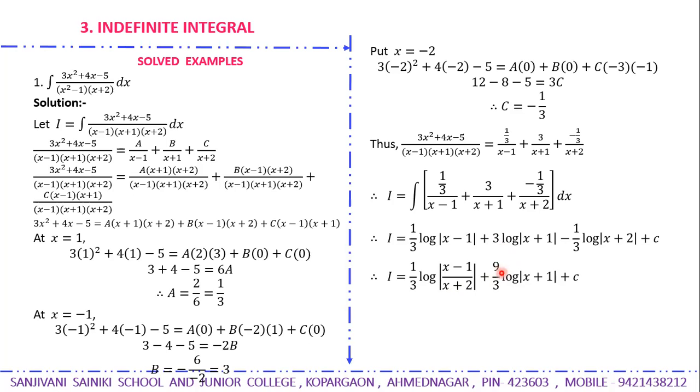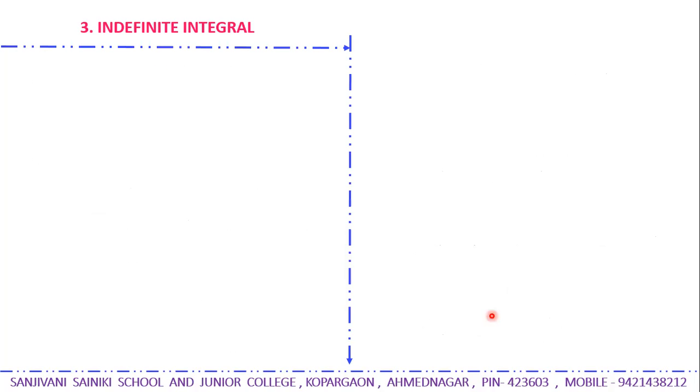Similarly, from here also I want the common, so I can multiply and divide by 3 here, so I get 1 upon 3. You can take it outside and then group all the terms together: (x minus 1)(x plus 1) bracket raised to 9, this is also using the log property, upon x plus 2. So this is the solution of the given problem.